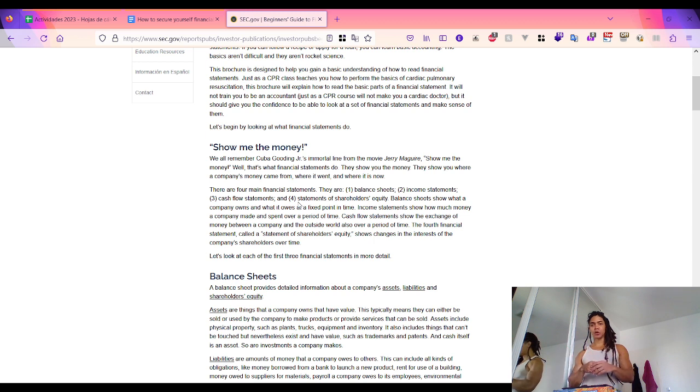And shareholders' equity is also called the net worth or the capital, but it's the amount of money that a shareholder would receive if all the company's assets were liquidated and all of its liabilities paid off.